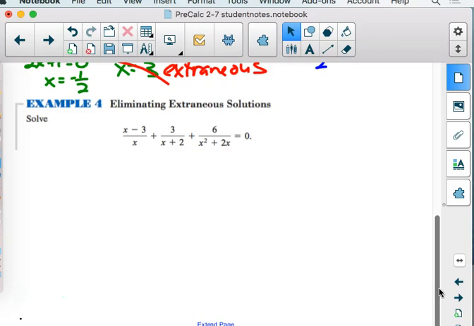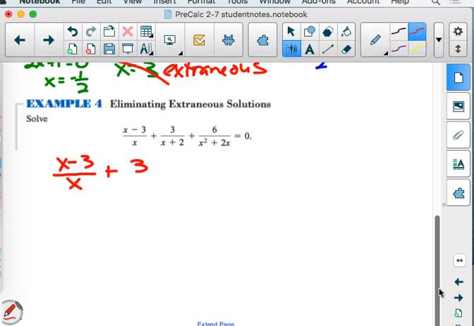Okay, so let's see what we should do here. Are all our denominators already factored? No. So let's take care of that. Alright, well now we've got it down. That didn't take too long. We've got a greatest common factor there of x.